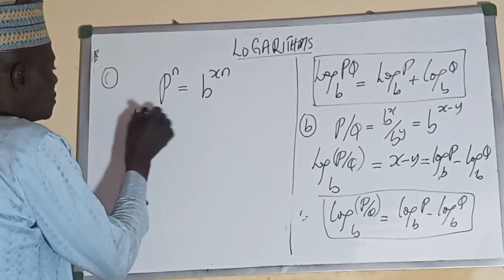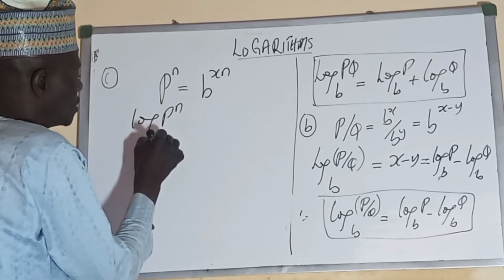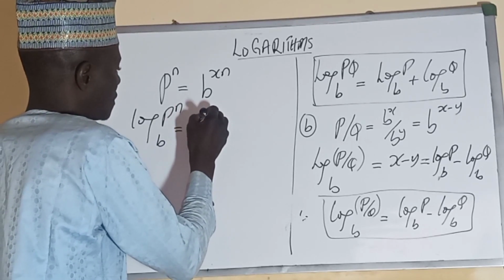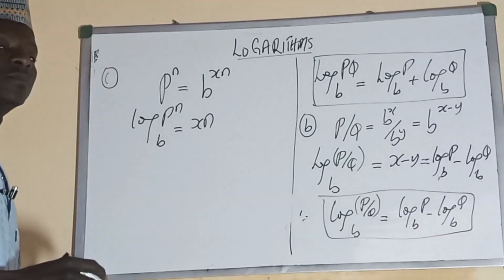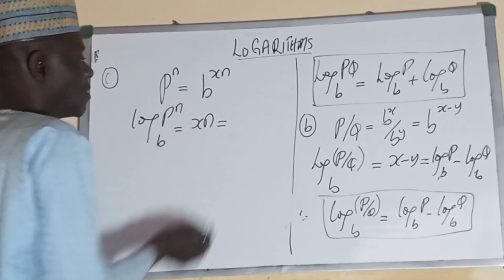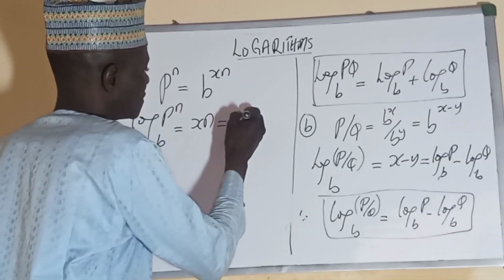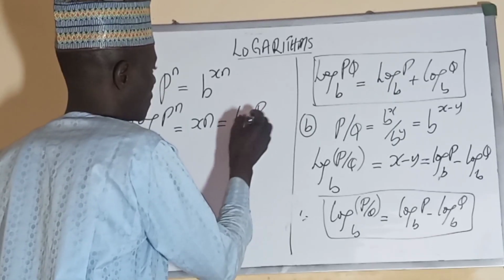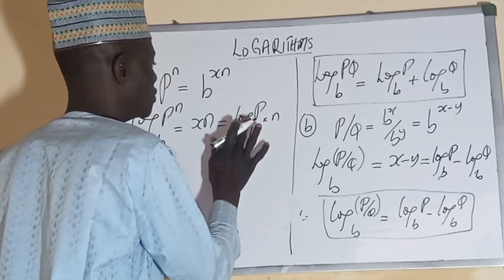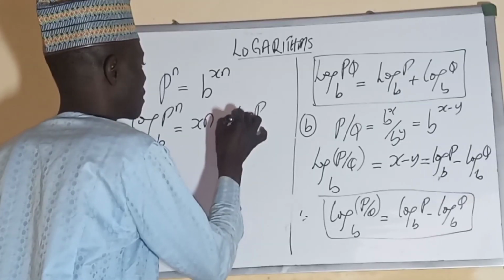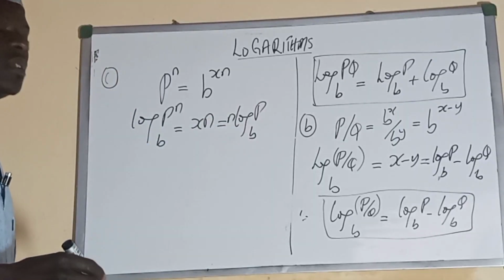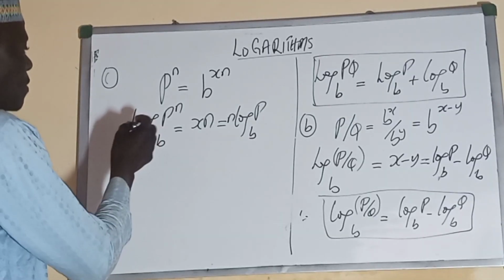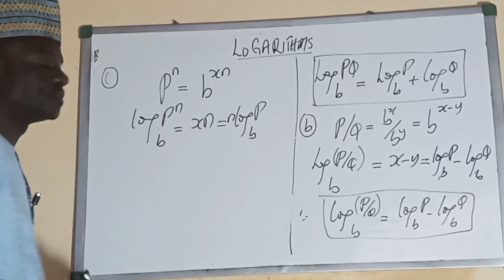The logarithm of p power n to base b is the same as xn. What is our x? Our x is log p base b, then times n. Or you say just n log p base b. This is our next equation.